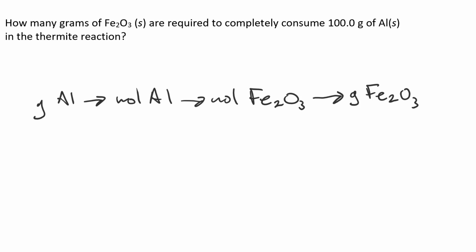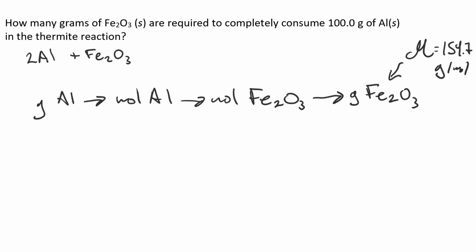So we're going to need the molar mass of Fe2O3, which is 159.7 grams per mole. And again, our balanced equation is 2Al plus Fe2O3 yields Al2O3 plus 2Fe. Now we're ready.